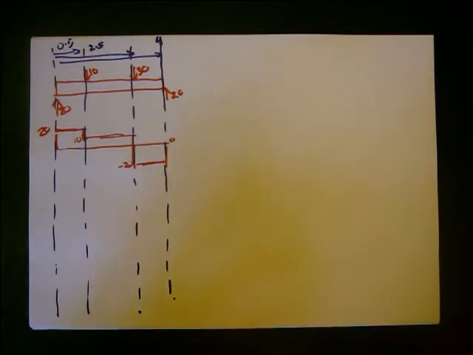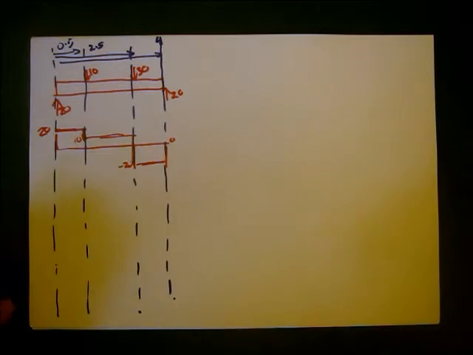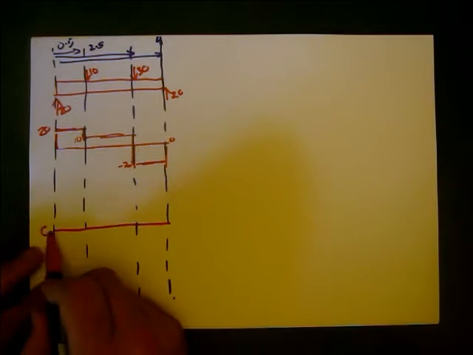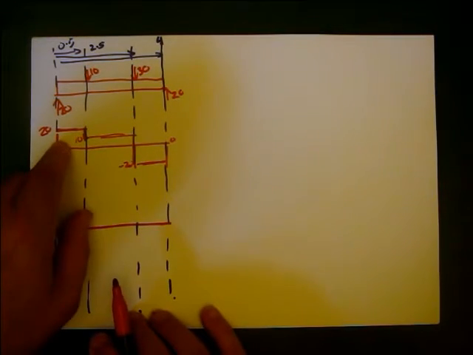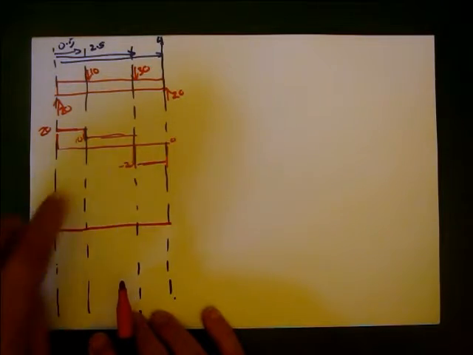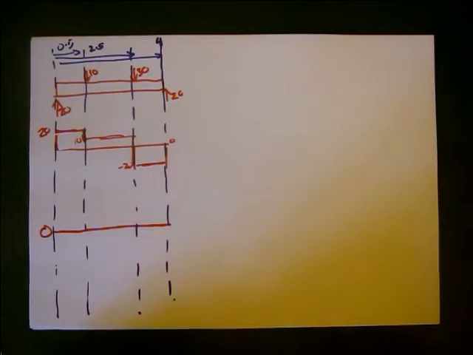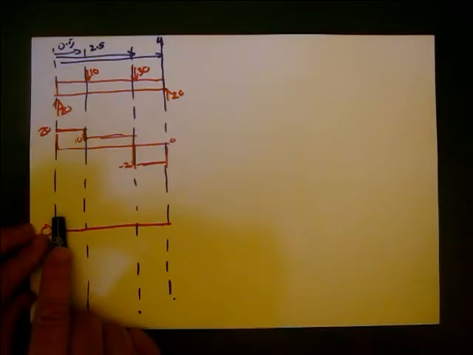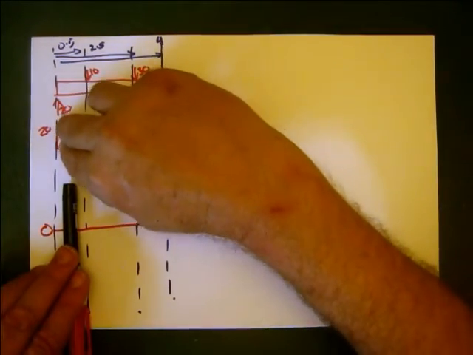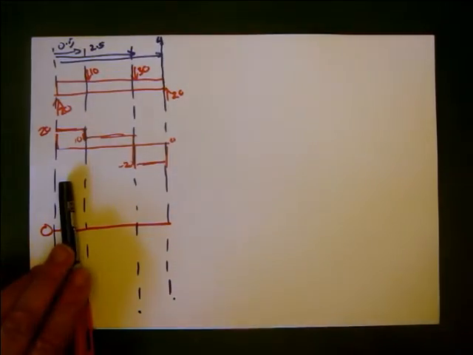What are we doing when we're doing a bending moment diagram? And the answer is quite simple. What we're doing, okay, we'll draw a zero line on here, is we're doing a running total of the area of the shear force diagram. So I go along and add up the area, just like we're doing integration in calculus.